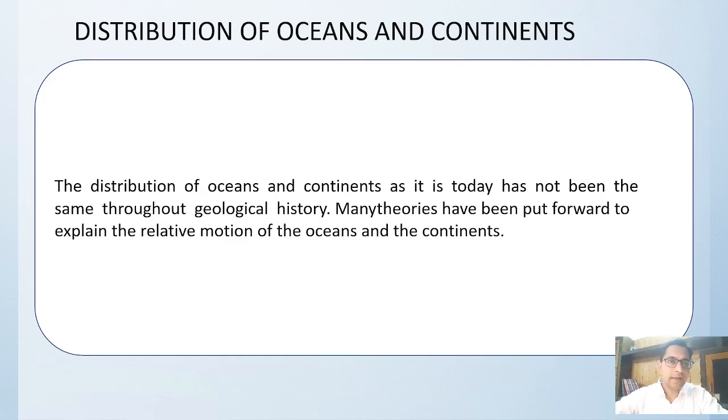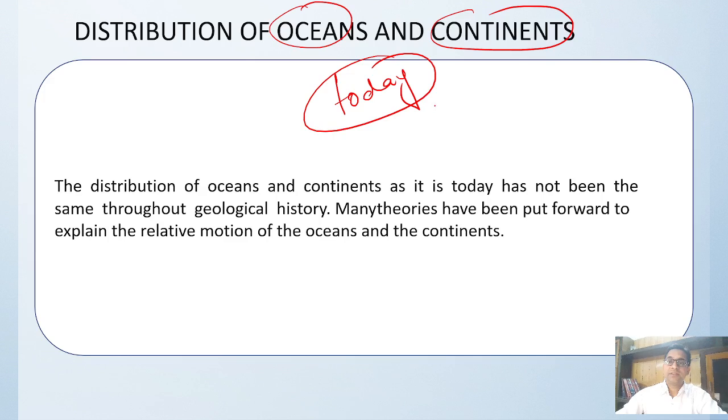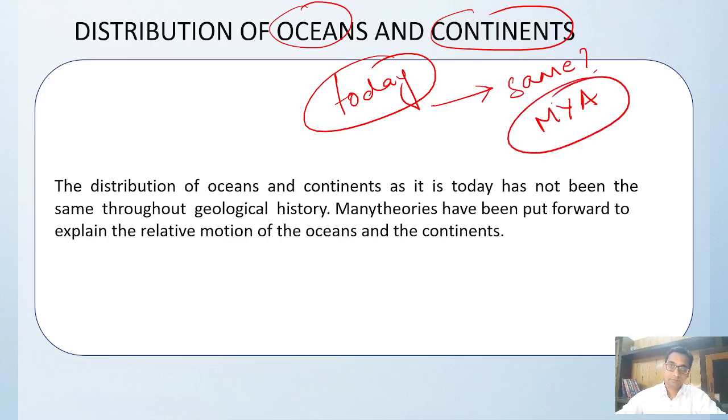Now we move into the next topic, that is called distribution of ocean and continent, right? We know that the oceans and the continents which we see today were not the same million years ago. The earth is changing, plates are moving.